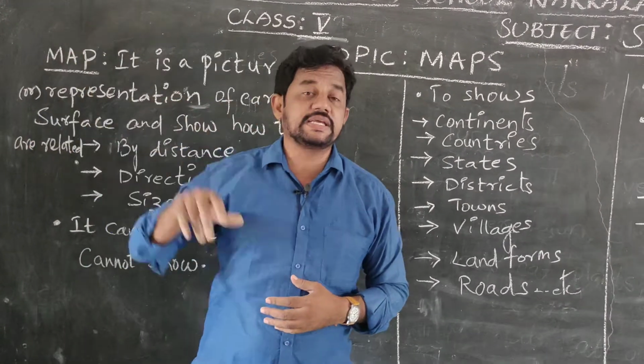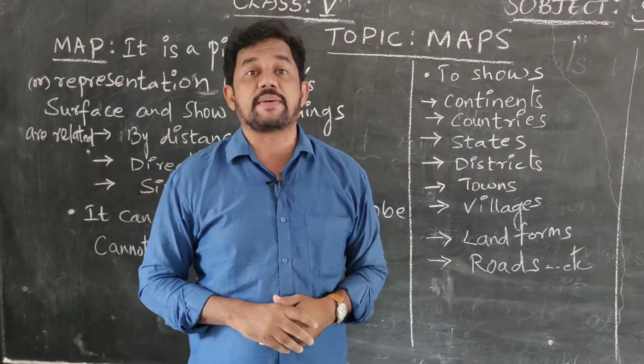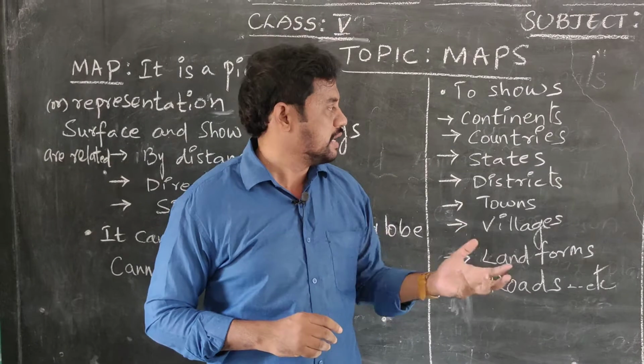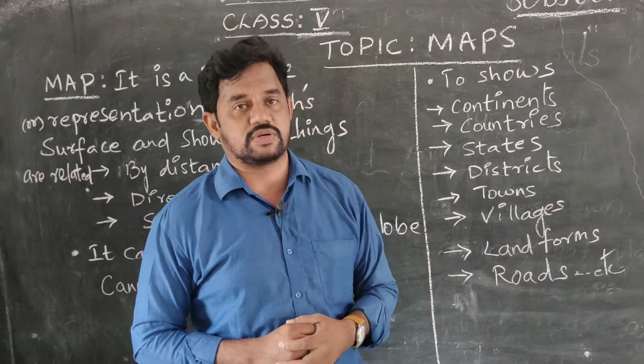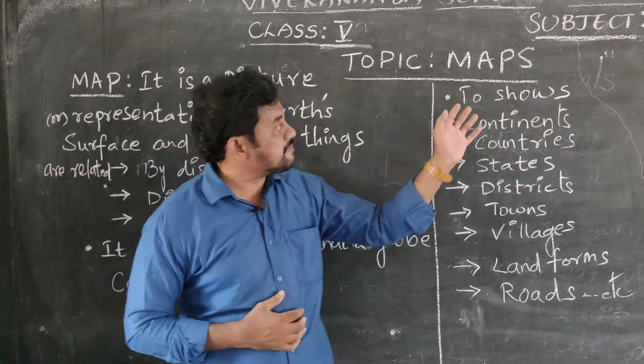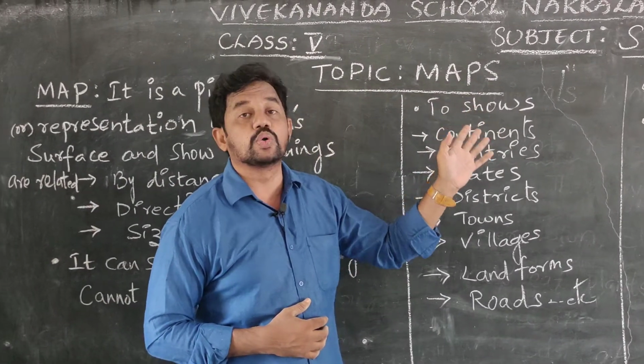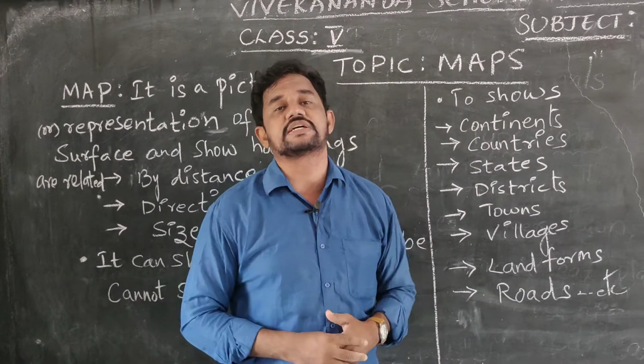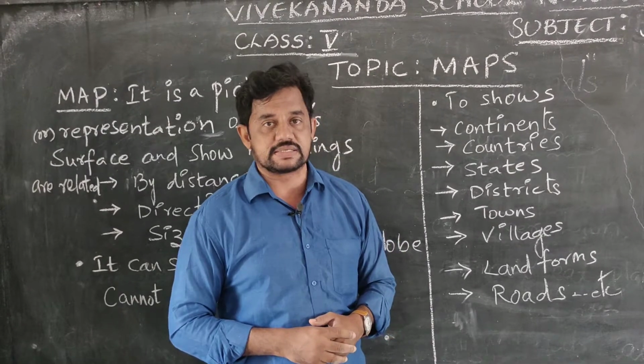You want to see how the state looks, America, I mean to say USA, how it looks actually. So can you travel? No. So a map will be able to show you how the area of the country or the continent is.